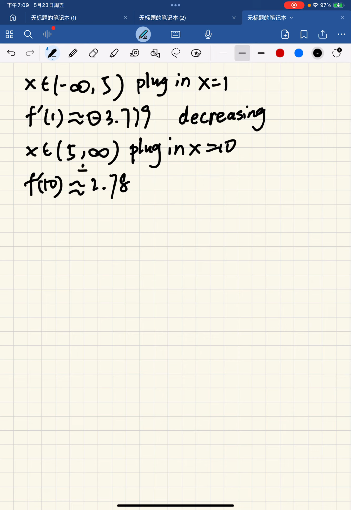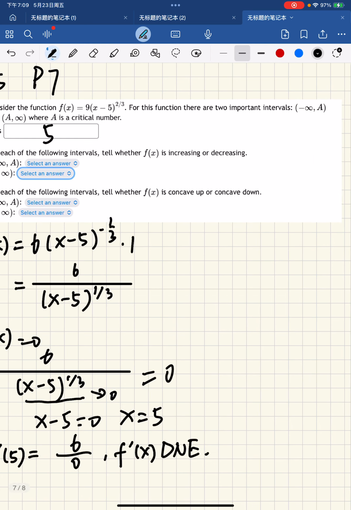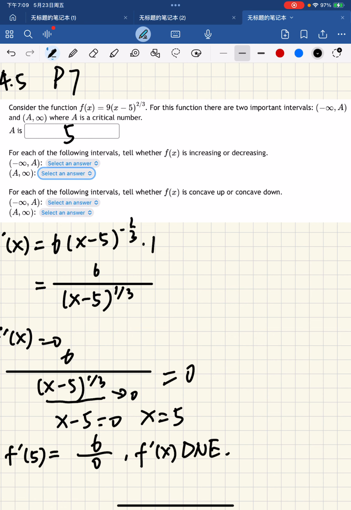Because this is a positive number, with a positive sign, we can know that inside this interval, the graph is increasing. So we already know that this is decreasing and this is increasing.